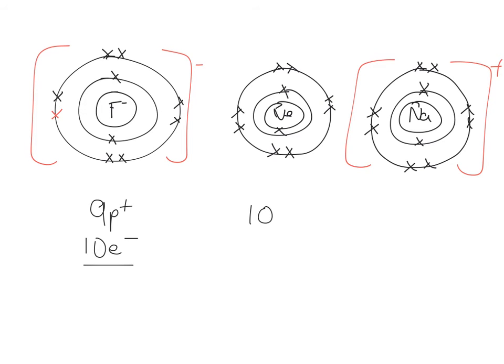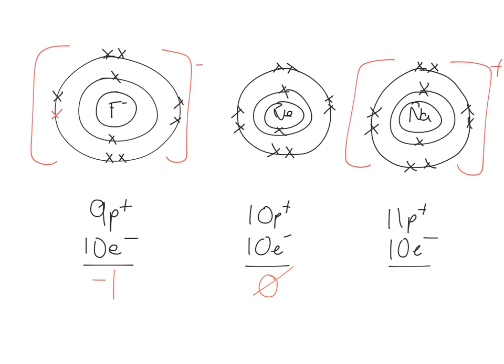Neon has 10 protons, 10 electrons, and sodium has 11 protons and 10 electrons. So when we look at neon, the protons and the electrons cancel each other out, and it has no charge. In fluoride, we have an overall charge of -1 because we have more electrons than we have protons.